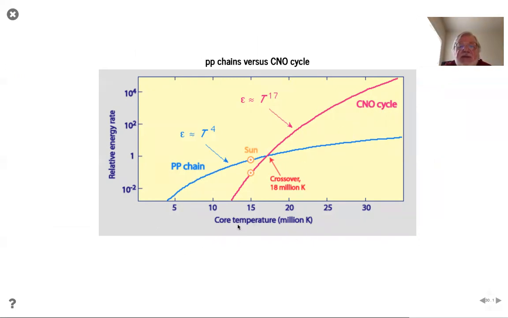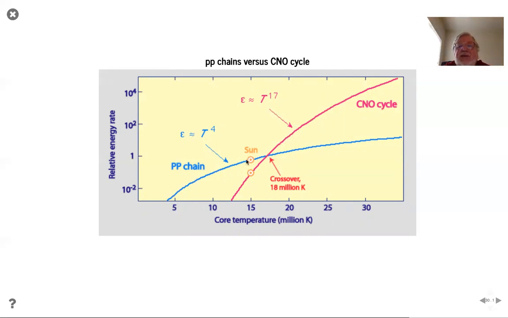The horizontal axis shows hydrogen core temperature in main sequence stars, going from 5 million to 30 million. The vertical axis shows the relative energy generation rate in pp chains, the blue line, and in the CNO cycle, the red line. You can see there is a crossing of these two lines at approximately 17 million Kelvin.